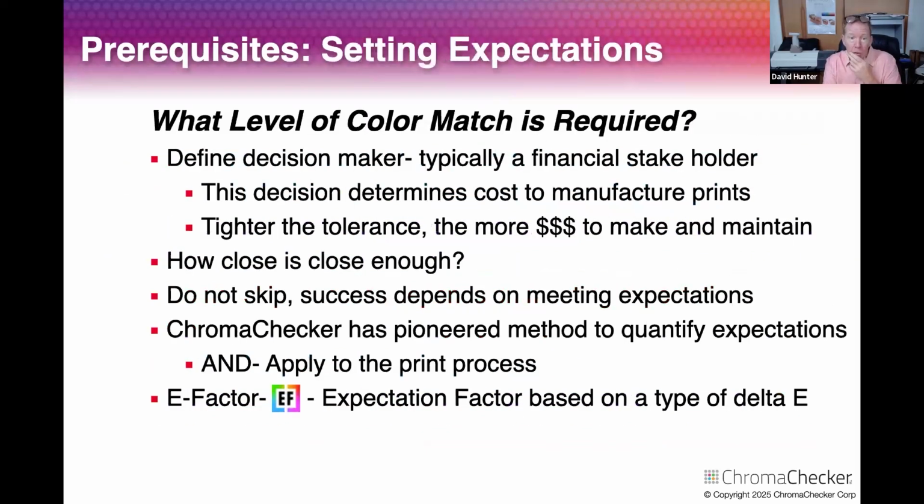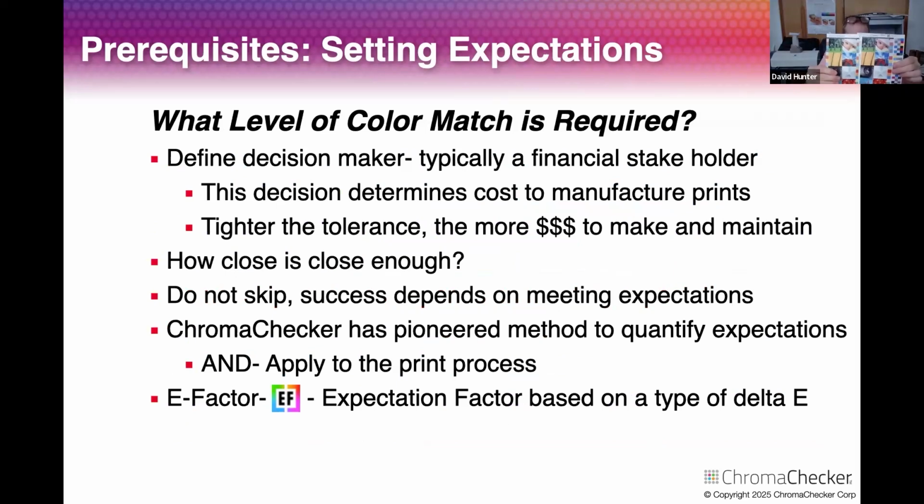Okay? So when we talk about what level of color match is required, this is a key step that every plant needs to go through: you get the key decision maker, usually the financial stakeholder of the plant, and help them determine what level of color match is acceptable. Is this level of color match acceptable?